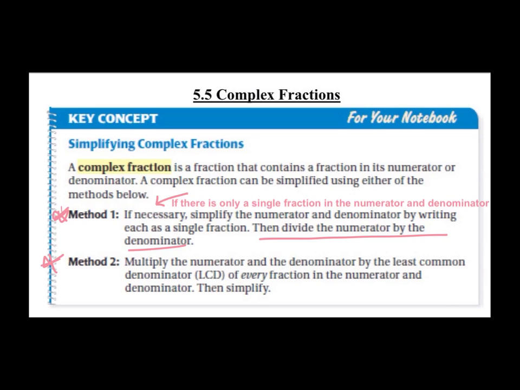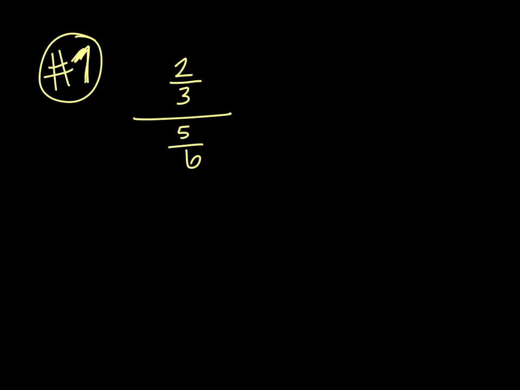So the first way we're going to do is just by simplifying when there's a fraction in the top and bottom. So the first method is when you have a fraction over a fraction, and you can just divide by that fraction. And remember, dividing by a fraction is like multiplying by the reciprocal. So this will become 2/3 divided by 5/6, which then becomes actually multiplied by 6/5.